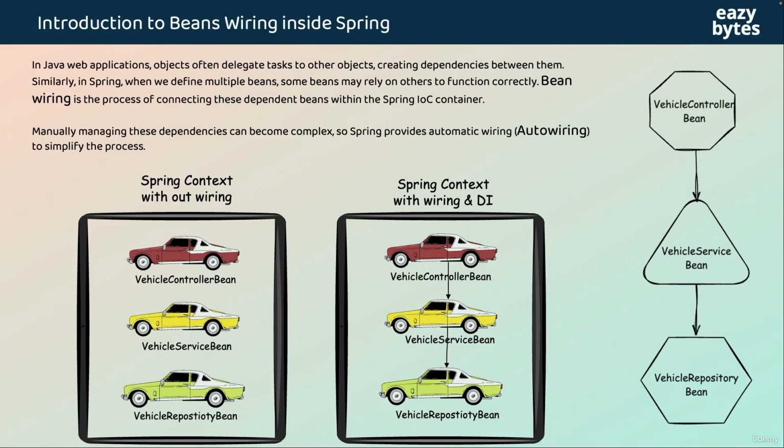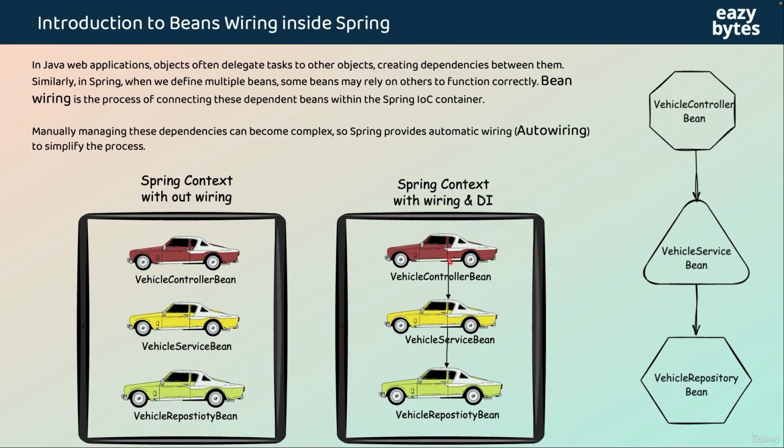With that, what is going to happen? All my bean objects are going to be hanging inside the Spring context without knowing about each other, and I can't execute my business logic completely. Whereas if I establish that dependency between them, and Spring takes care of dependency injection, this is how the Spring context is going to look.